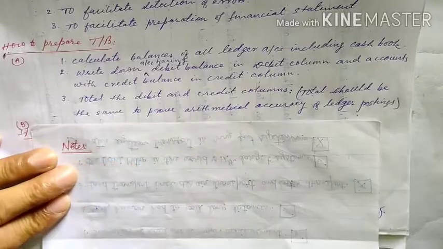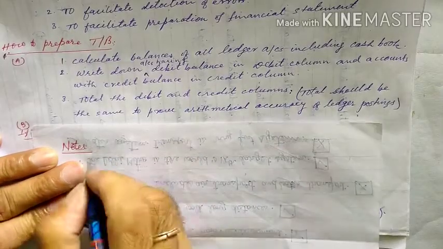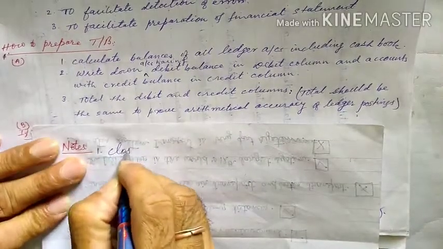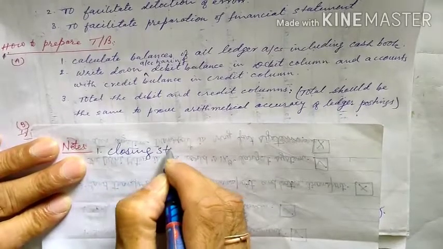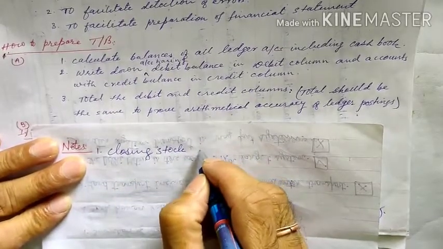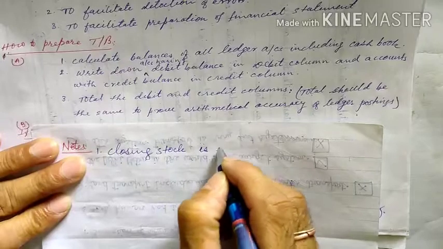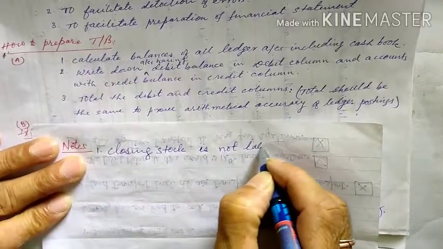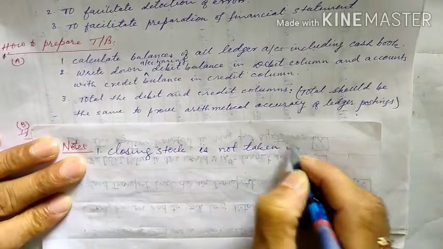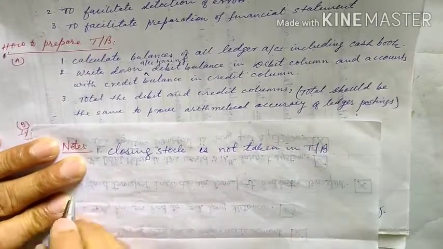So, points to keep in mind. Number one, closing stock is not taken in the trial balance.